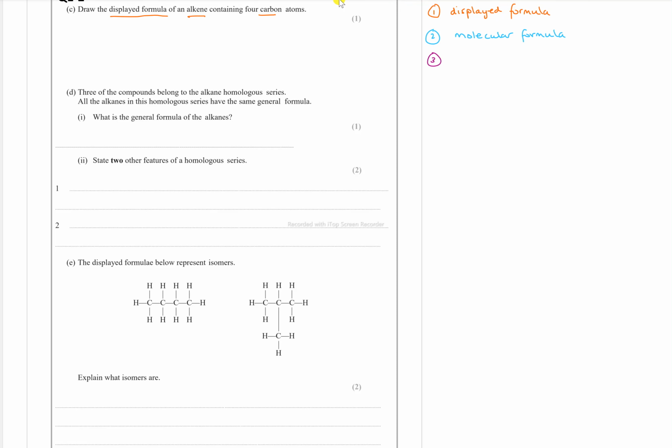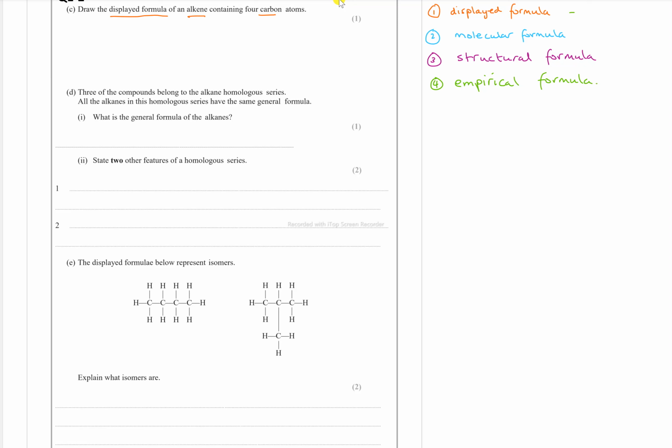Then you have something called a structural formula. And then finally you have something called empirical formula.